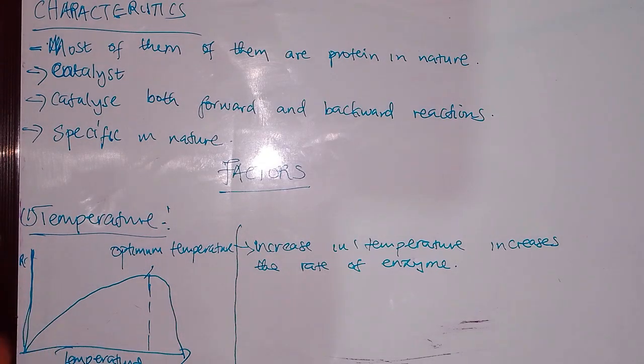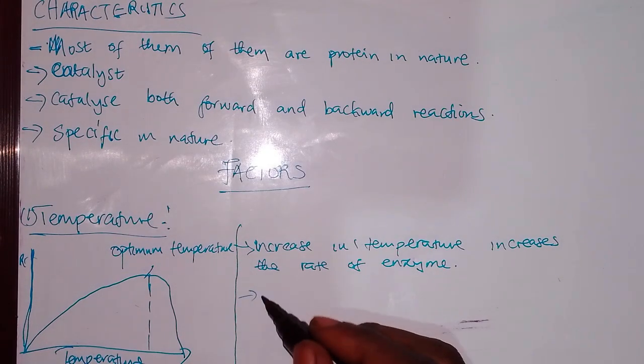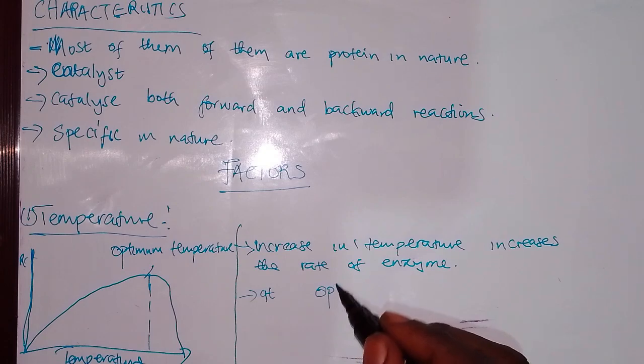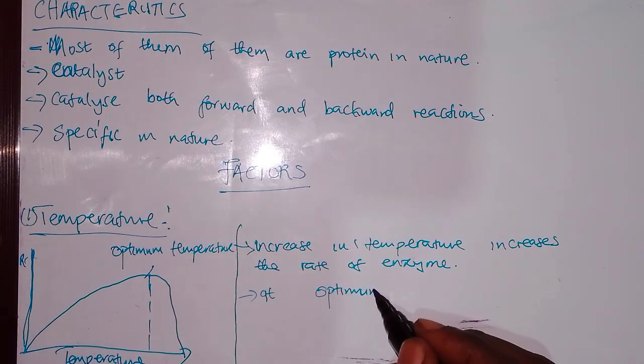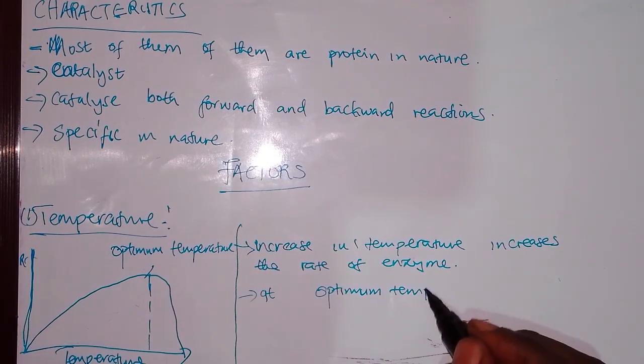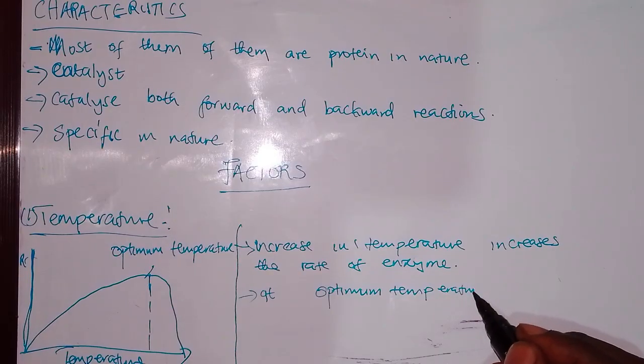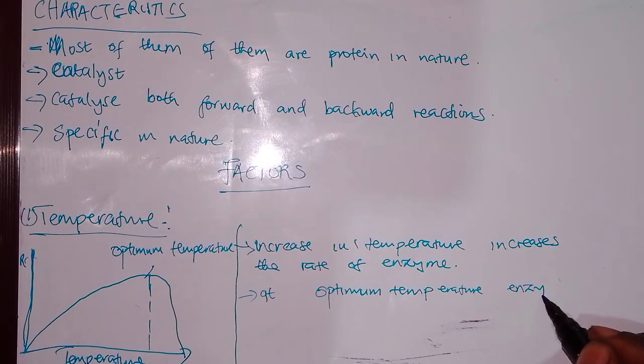And remember, whenever you are looking at diagrams on enzymes, mostly they are the same when you are labeling them. So the next thing we say is that at optimum temperature, enzymes work the best.